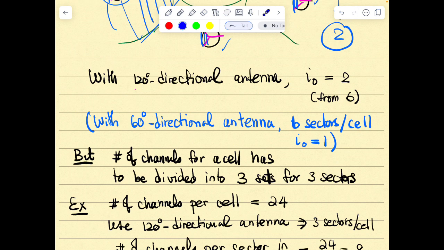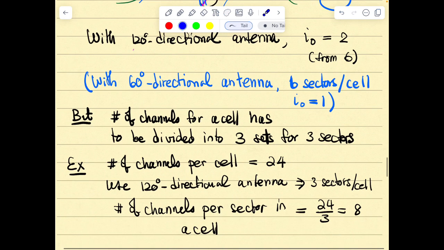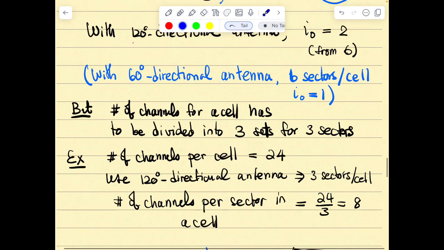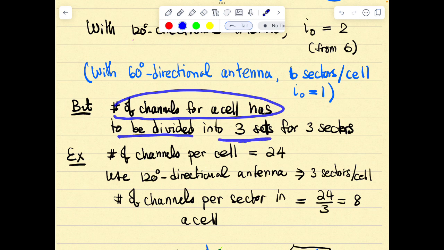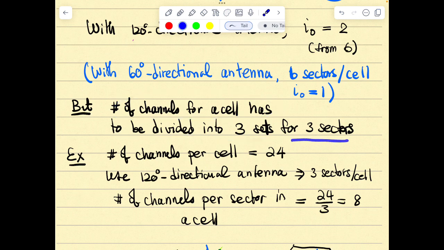If we do this, then because of the trunking principle, the efficiency of using the resource or the channels will be reduced. So let's take a look at the example. The number of channels for a cell has to be divided into 3 sets when we are using 120-degree sectoring, so 3 sectors per cell.